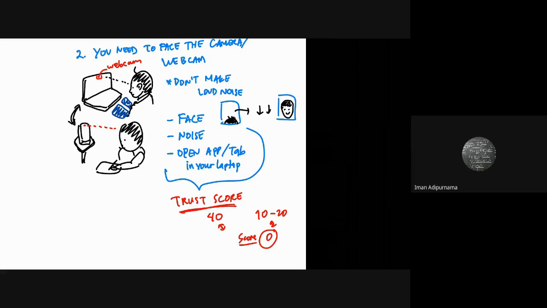And if you have noises, maybe you are talking with your friends or maybe there's somebody in your room, you need to make sure that there is no noise in the room, because noise will also affect the trust score.